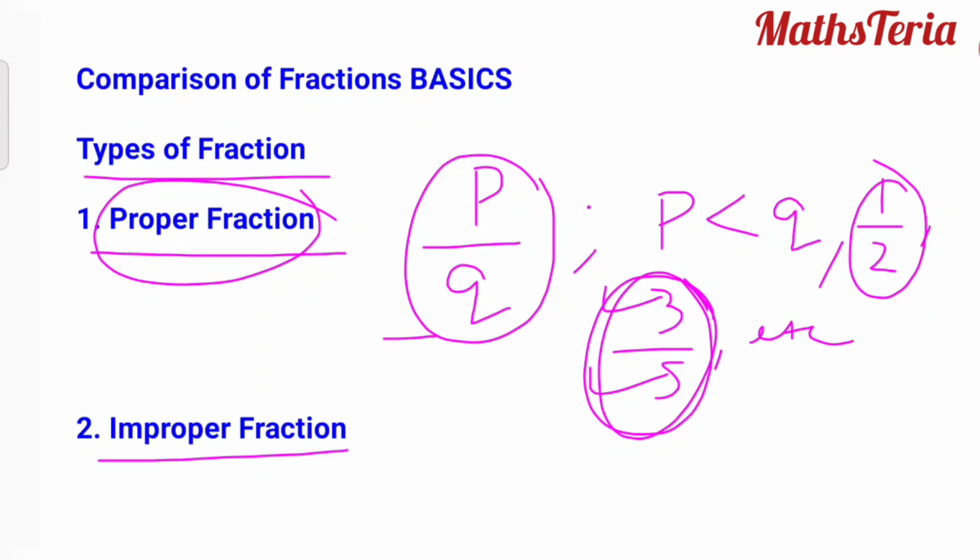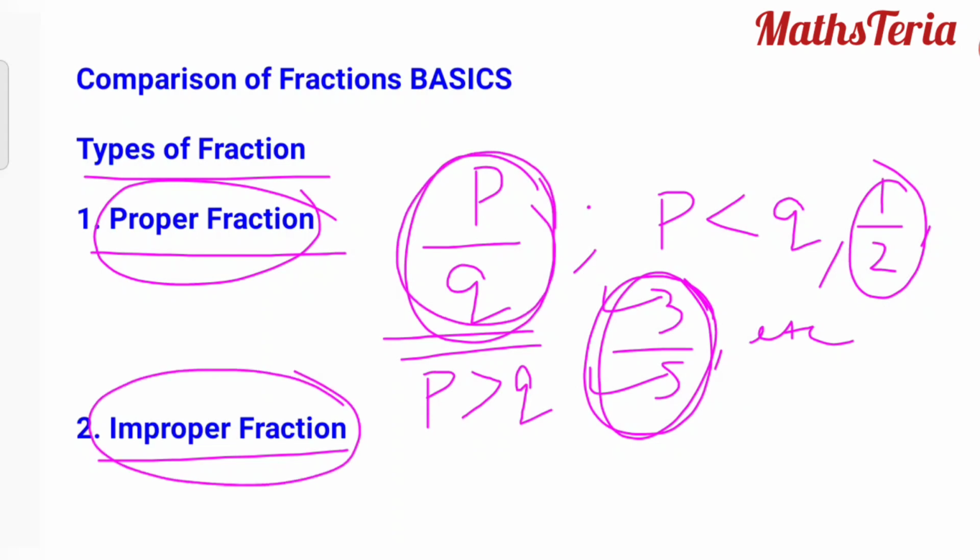Now if p, that is numerator, is greater than q, that is denominator, then this fraction is an improper fraction. For example, 5 by 3 or 12 by 7. In 5 by 3, numerator 5 is greater than denominator 3.